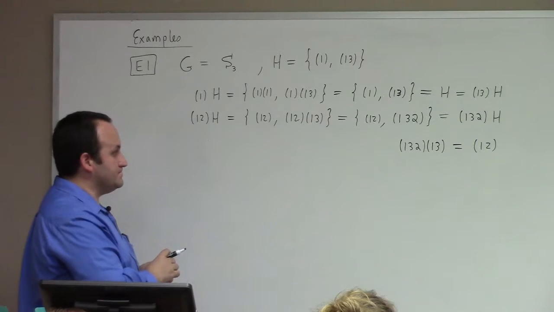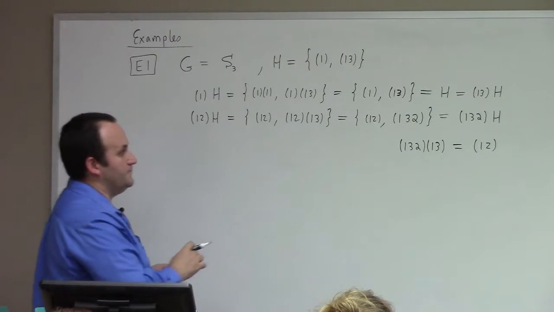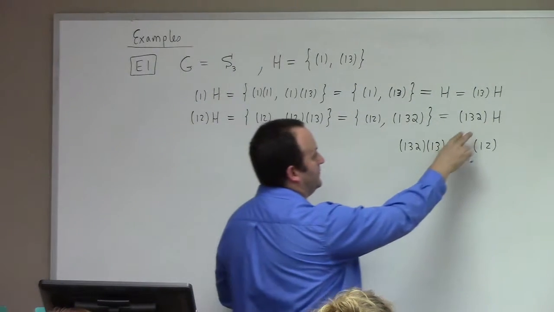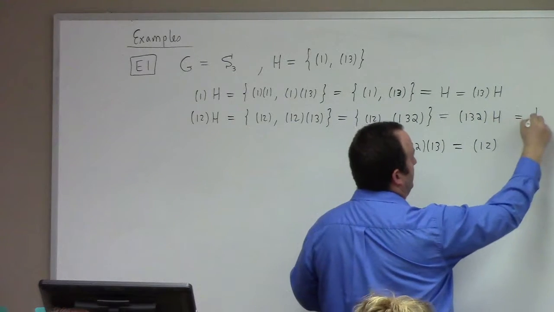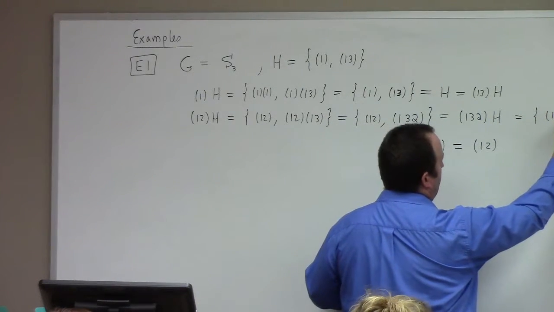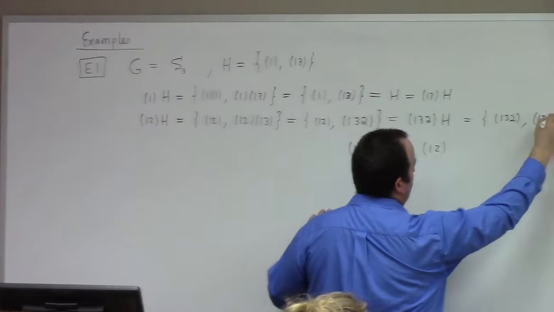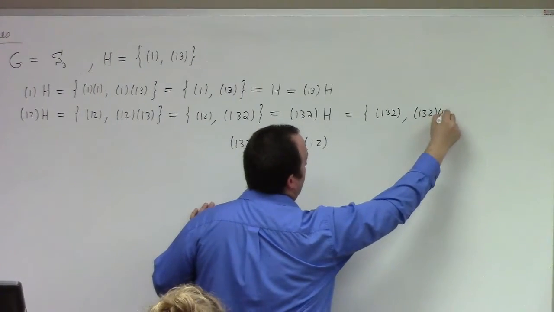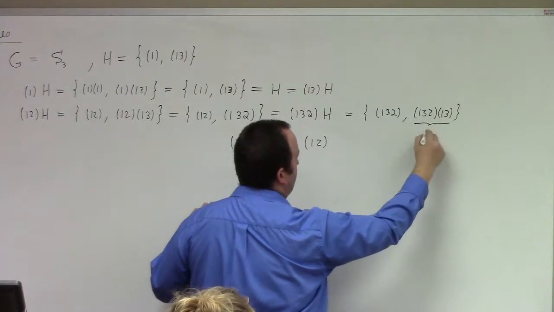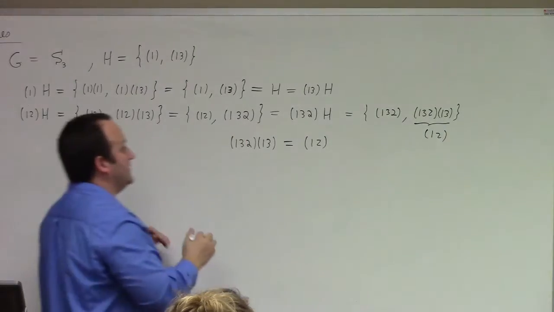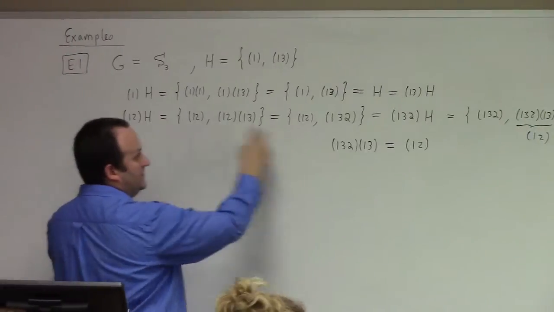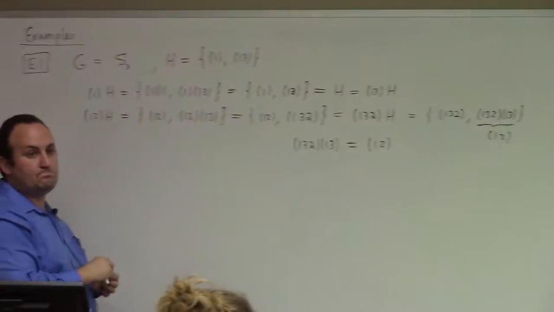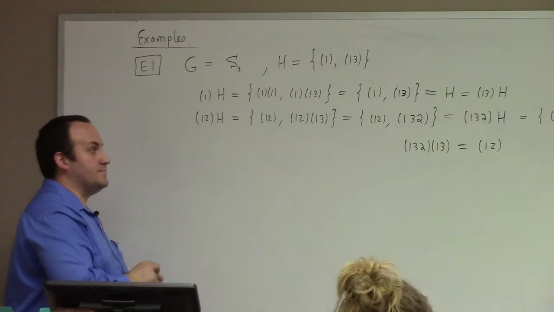So if you look at (1 3 2)H, which would be (1 3 2) acting on 1 and (1 3), well, this is exactly (1 2) again. So you can see that this set and that set are the same. All right?